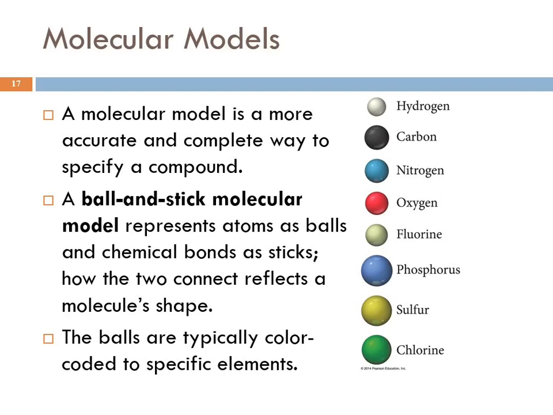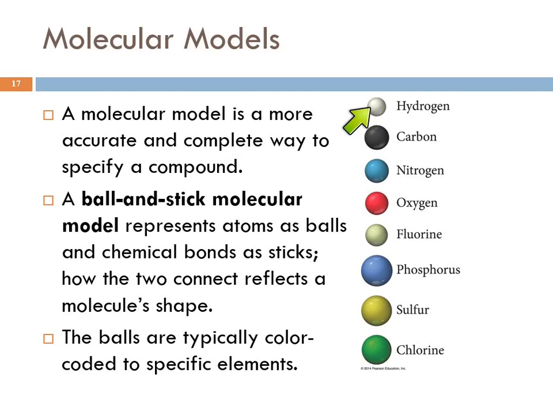And we often color code the balls to specific elements. You do not need to memorize these colors, but they're just here for reference. And you'll see as we go through these PowerPoint slides that these are the colors that are commonly used when they show you the pictures.